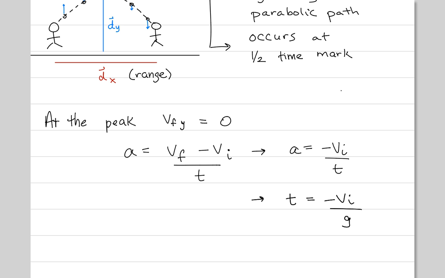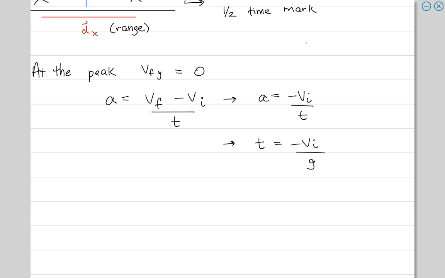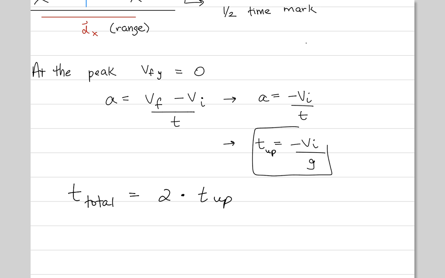Okay, so the time to get all the way up to the top is going to be this formula here. And using negative 9.81, the negatives will cancel. You get a positive value for time. And the total time will equal 2 times the time up. So if you wanted to get the time up, you could use this formula.